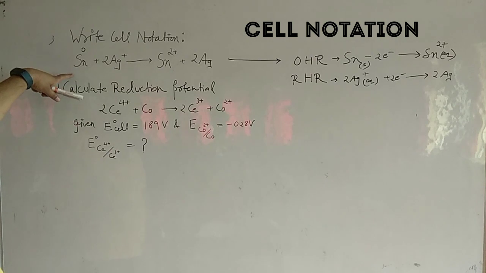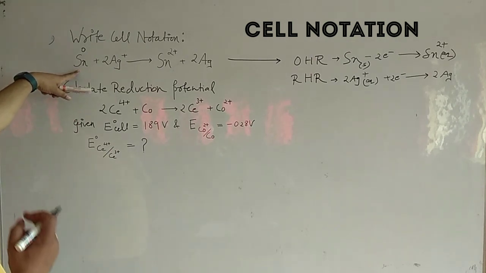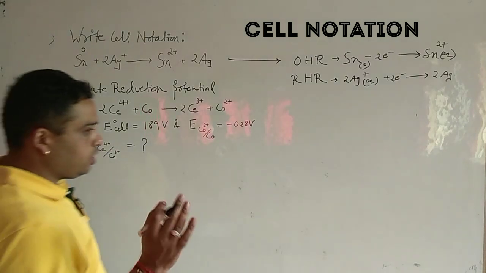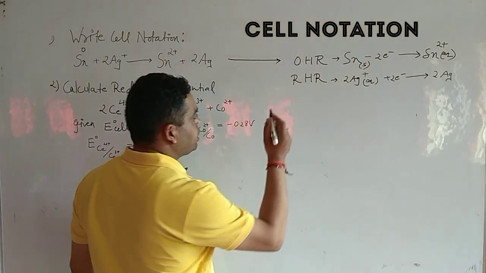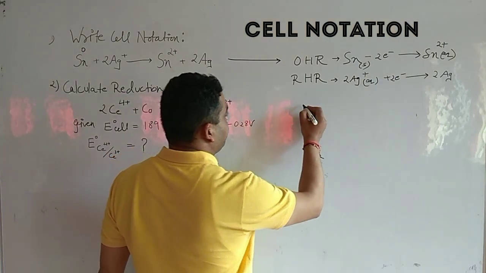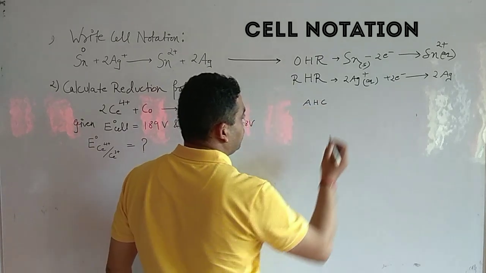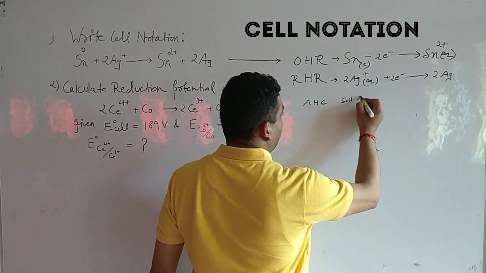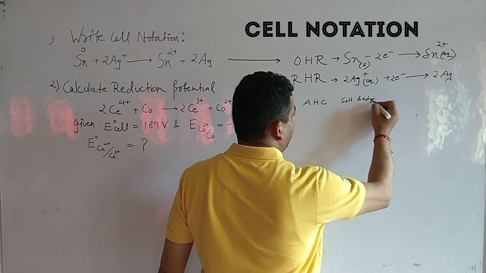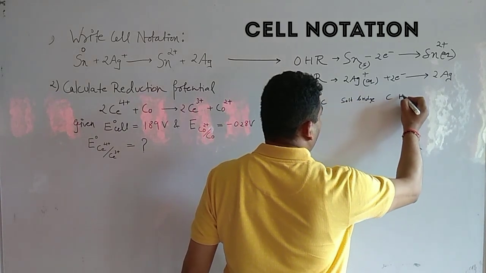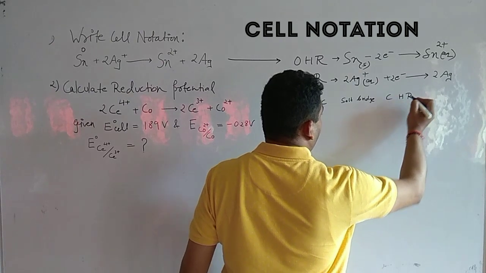In the last class, I explained to you how we can write the cell notation, so you can recall this. To write the cell notation, first you will write your anode half cell, then you will write your salt bridge, and after that you will write your cathode half cell.